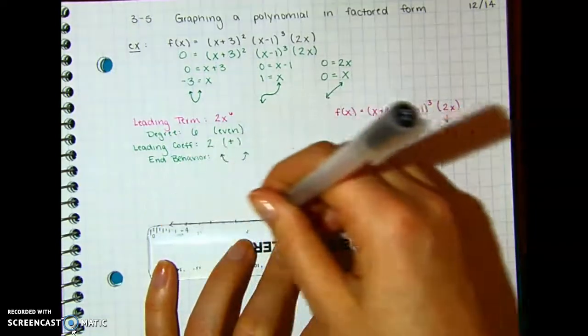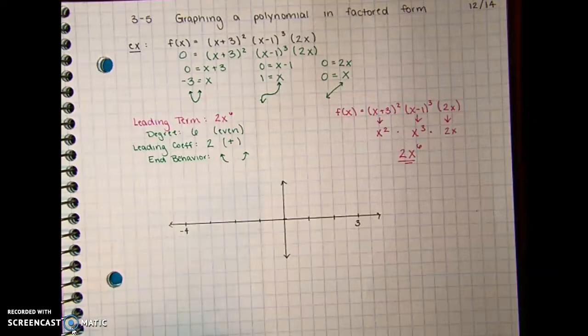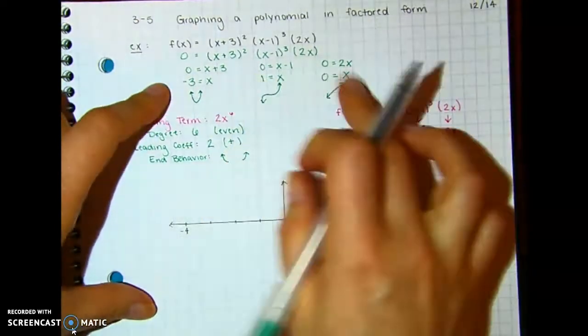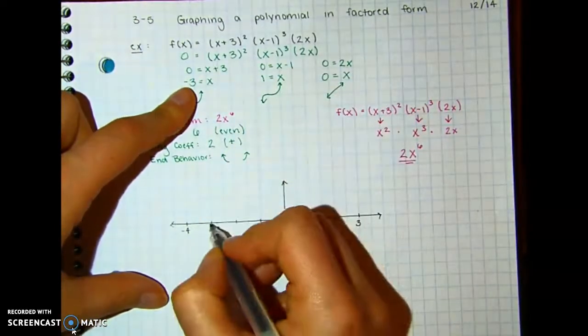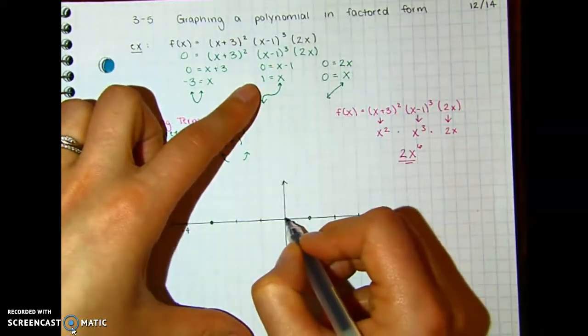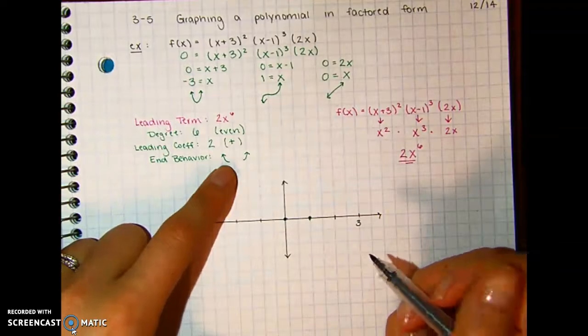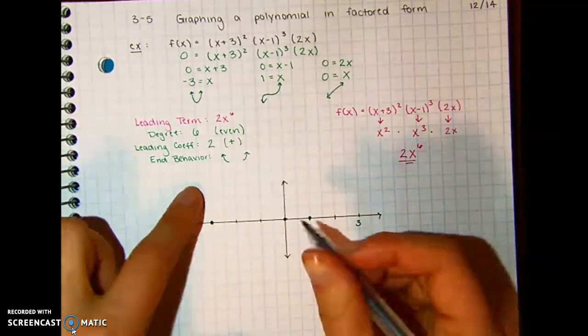Alright. So I'm going to first plot my intercepts, so -3, positive 1, and 0. Then I'm going to start in the appropriate area for end behavior, so top left.